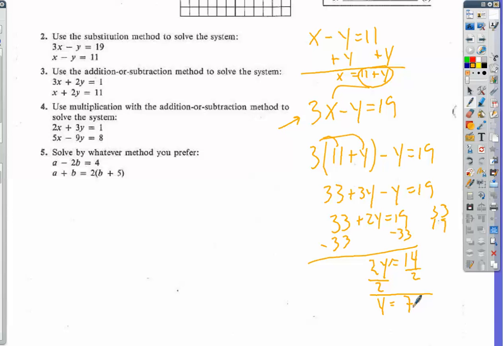Now we're not done, because we need to figure out what x is equal to. So we know y is equal to 7, and so x would have to equal something that is 7 more than 11. No. So it would be 18?